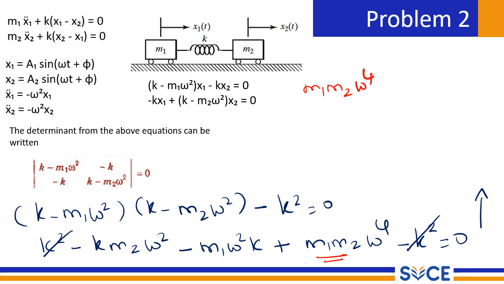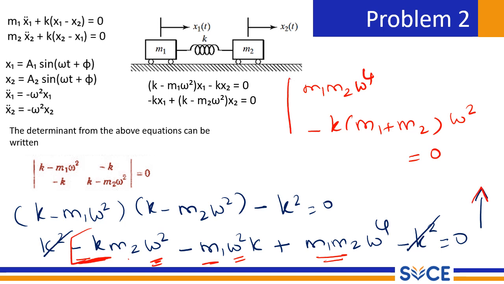Then I am going to take omega square outside commonly. So it is going to be written as minus k into m1 plus m2 into omega square, which is then equal to 0. You can see that I am commonly taking minus k outside, omega square outside, so m1 plus m2 omega square. So this equation is now rewritten like this.